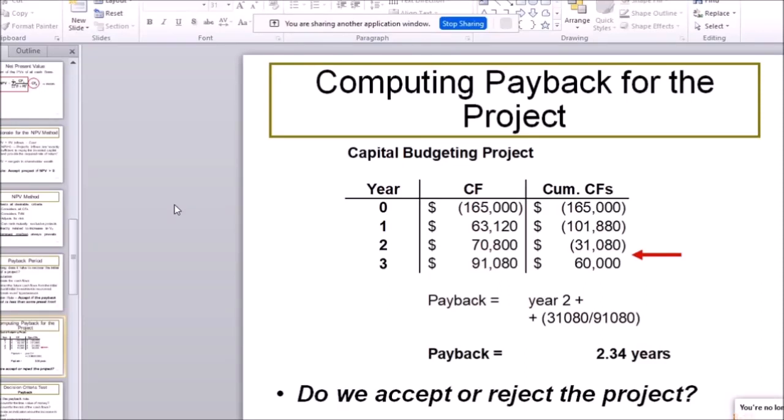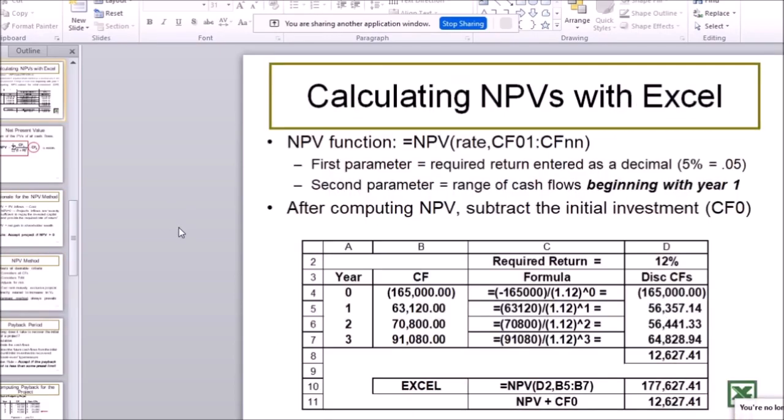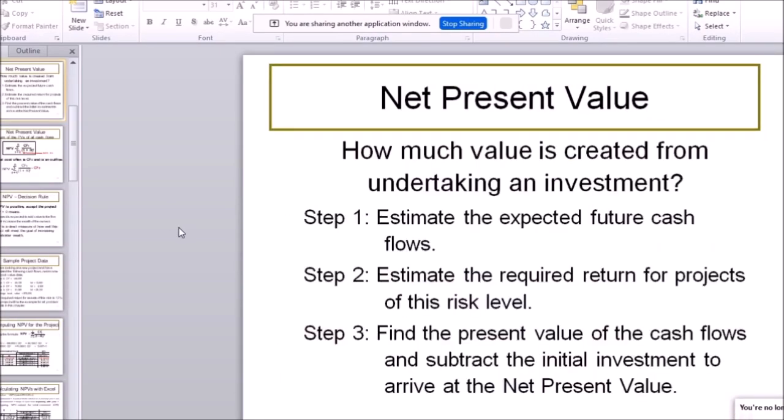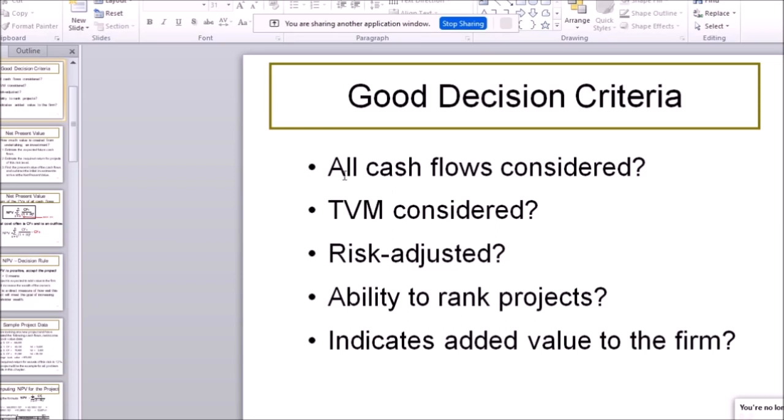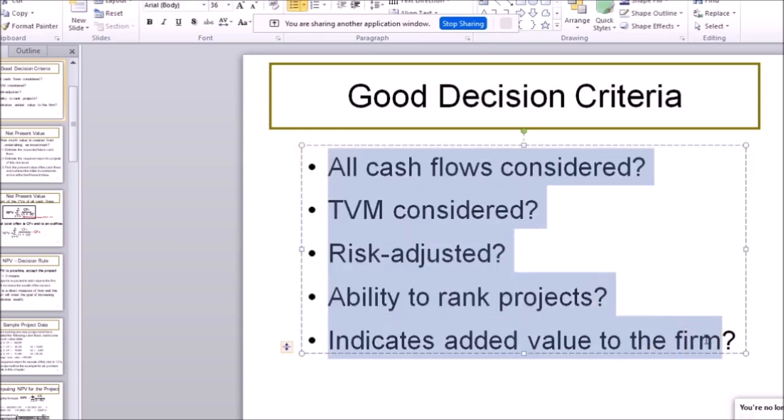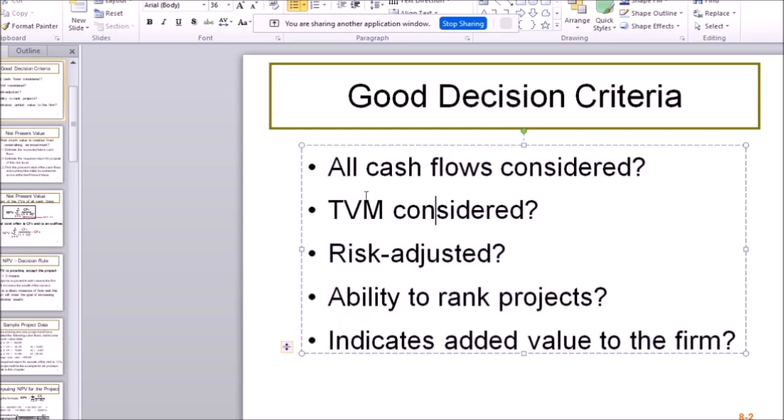Our next investment criteria is quite strange, it's quite funny. It's the payback period. And the funny thing about it is, remember at the beginning, when we talked about the features for a good method of analyzing investment projects.